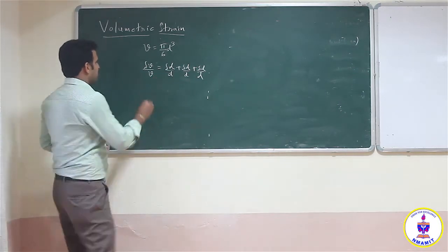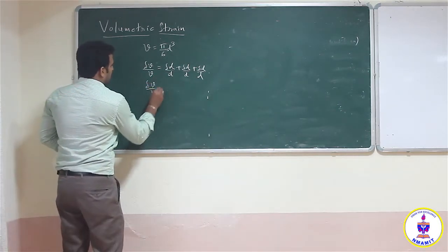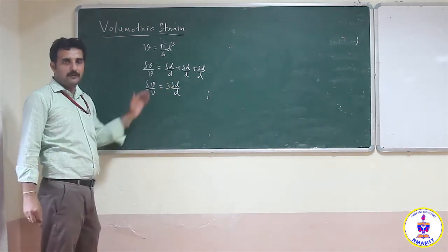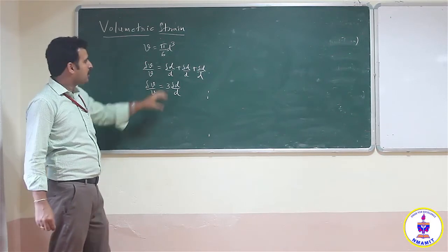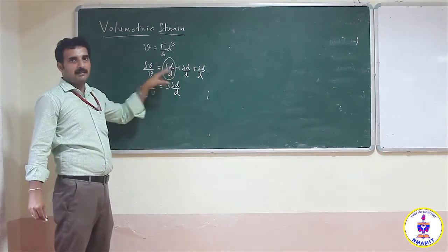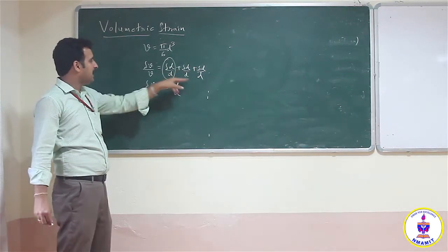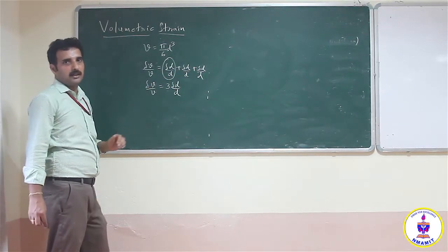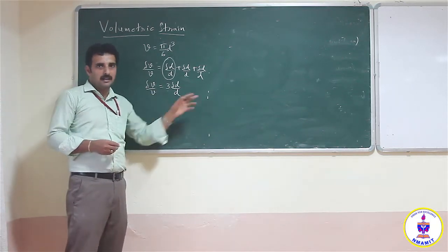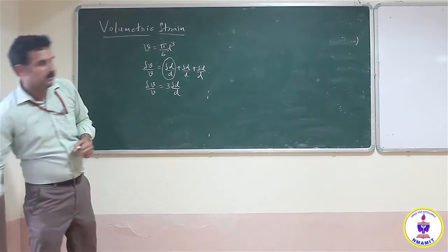So that is 3 into delta d by d. The difference between cylinder and sphere is that delta L by L is replaced by delta d by d. As a result, instead of 2 into delta d by d, we get 3 into delta d by d. That is the expression for volumetric strain of a sphere in terms of diameter.